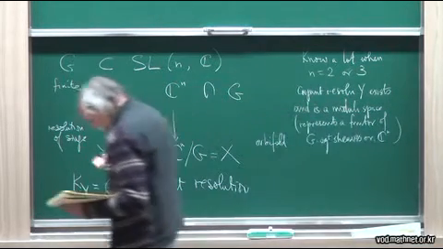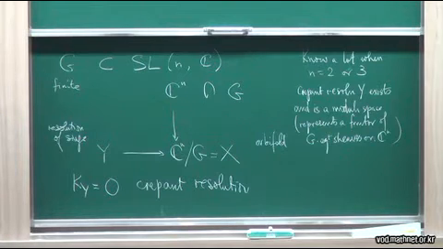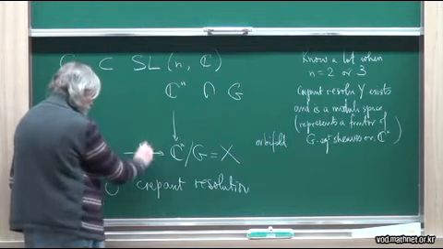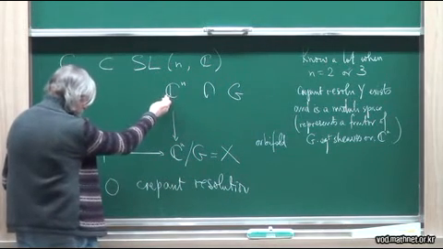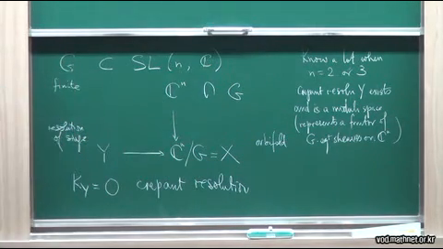So in other words, in this case, this Y is, you know, in some ways you could not even bother to pass to the quotient X. You could think of it as, I'm going from C^n and I'm constructing a space Y, which is a nice non-singular space.